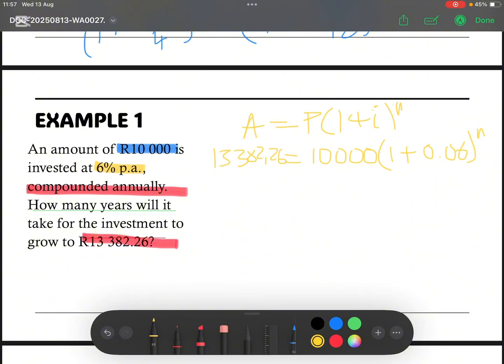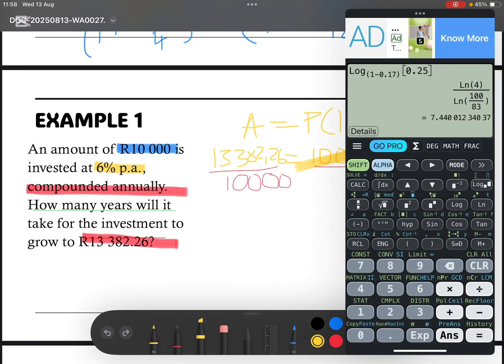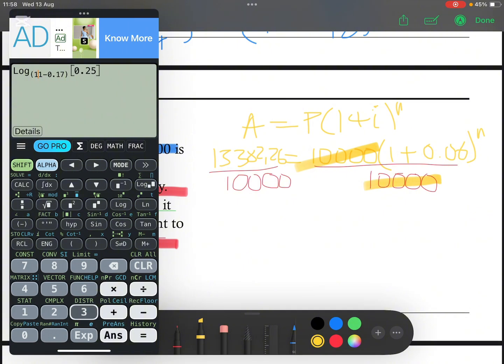Solving for the value of n, the first thing we're going to do is divide both sides by 10,000. Then you will have to press your calculator.